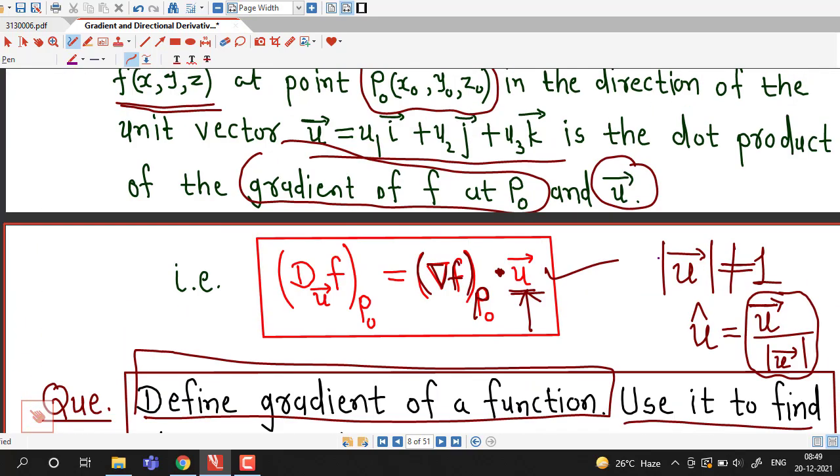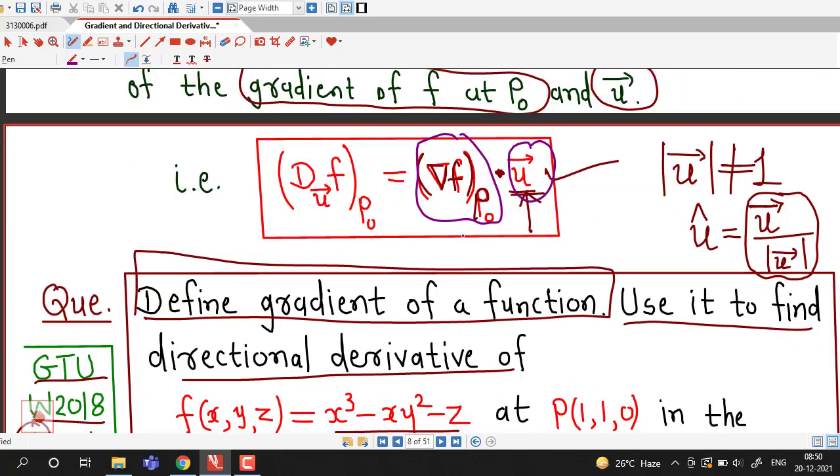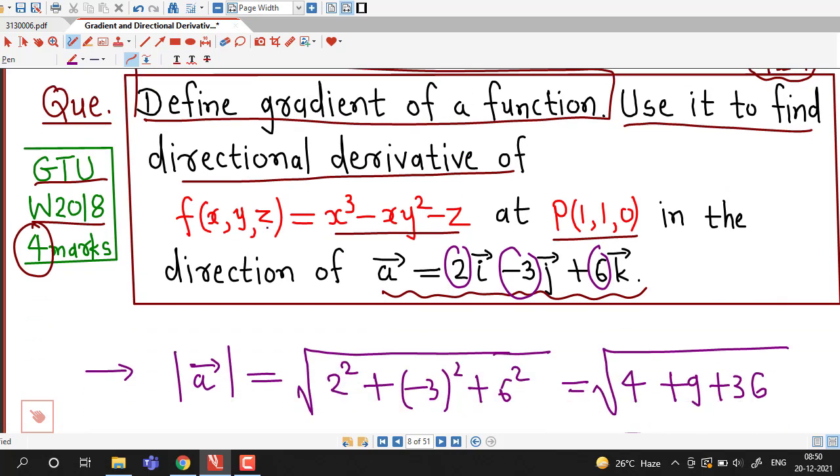Another thing we require, now that we have found the unit vector, is the gradient of the given scalar function at the given point. For that we will require partial derivatives of this function at this point.